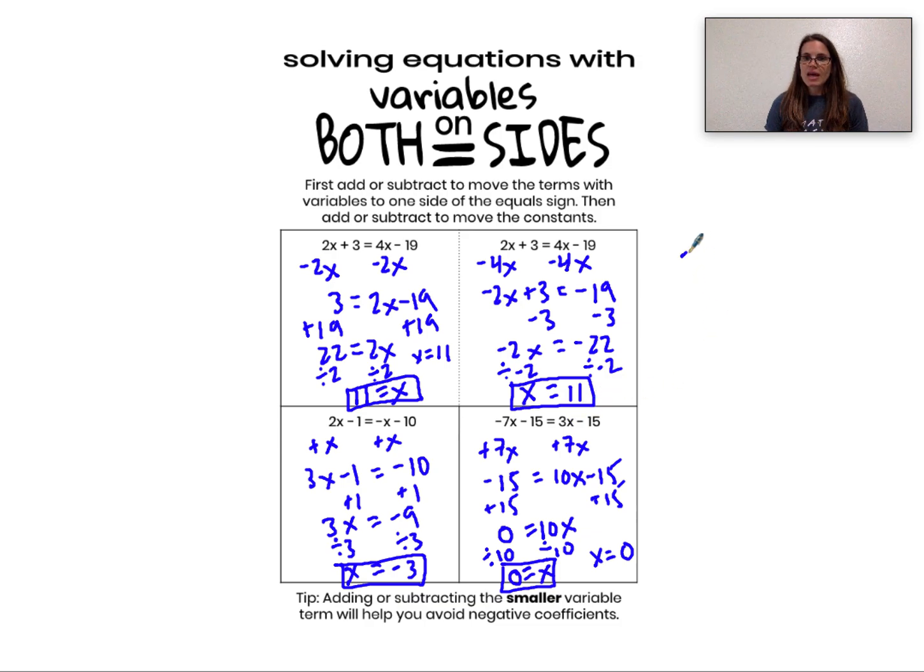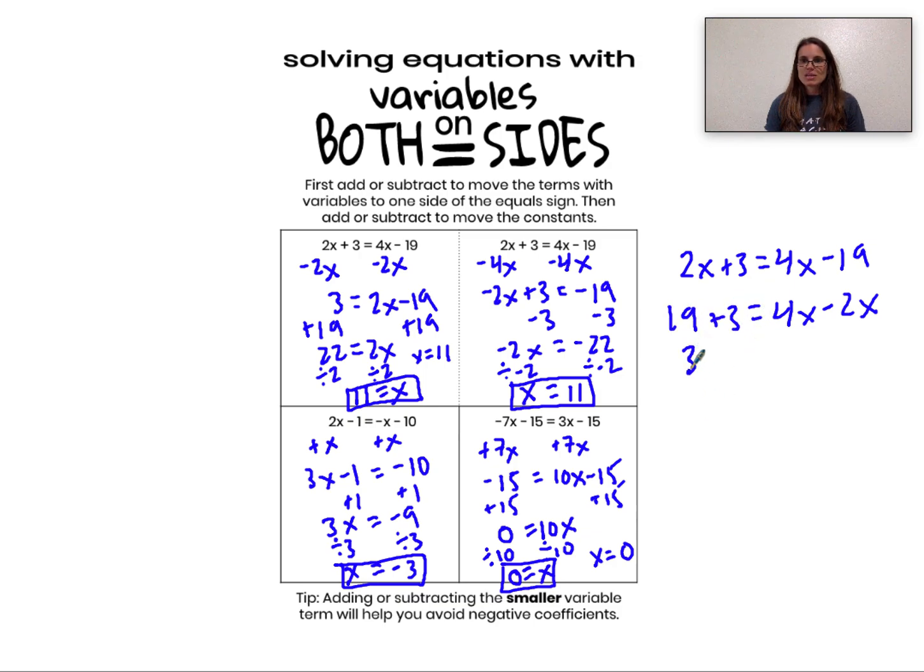I'd like to point out again a strategy that is not accepted in Algebra 1. It is not okay to move the 2x to the right-hand side, making it negative, and then move the 19 to the right-hand side, making it positive. This may seem like a great strategy to you, and it does lead you to the right answer, but it is not considered acceptable work in algebra.